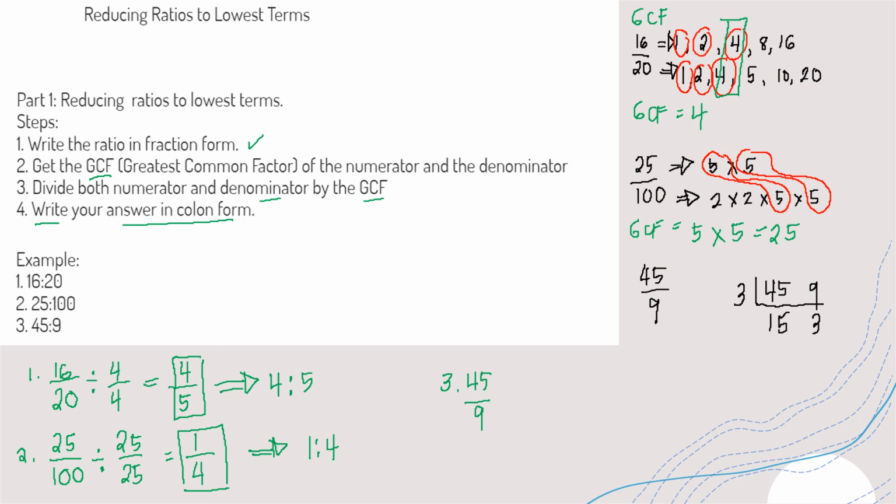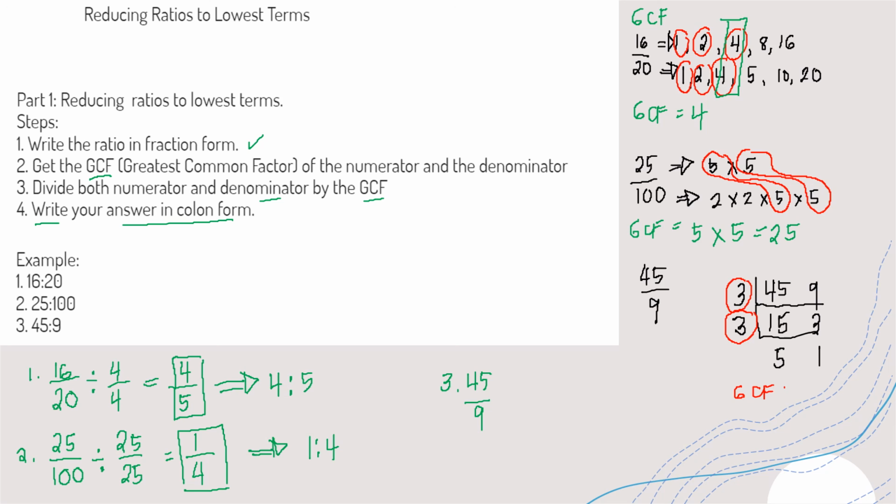15 and 3 can still be divided by 3. So I will put 3 here. 15 divided by 3 is 5, and 3 divided by 3 is 1. Now, looking at 5 and 1, I cannot divide them anymore by any number aside from 1. Therefore, I will stop, encircle all the divisors that I made, and multiply them.